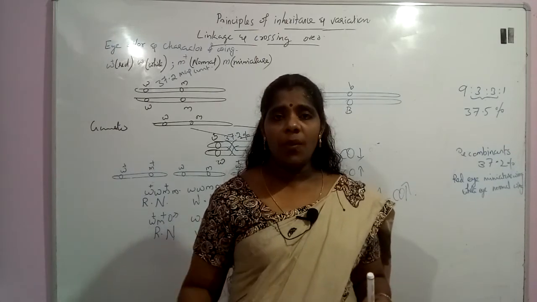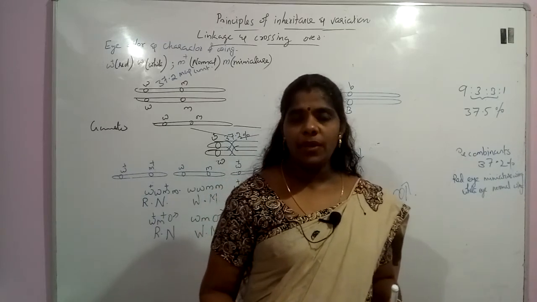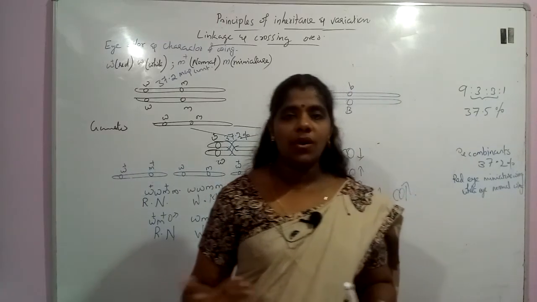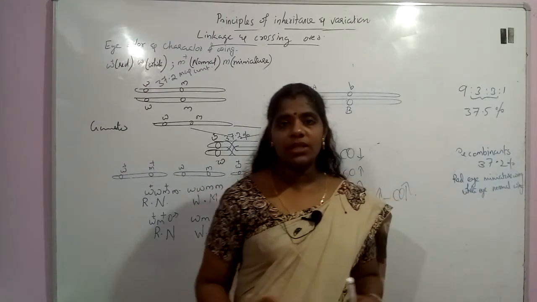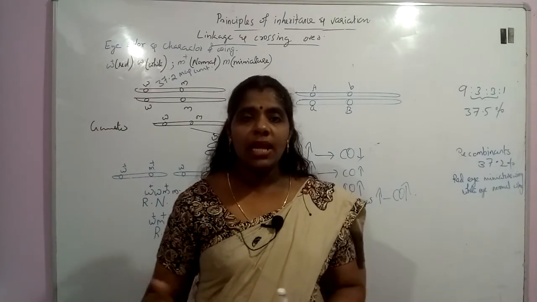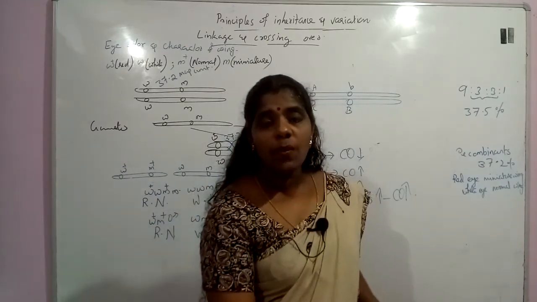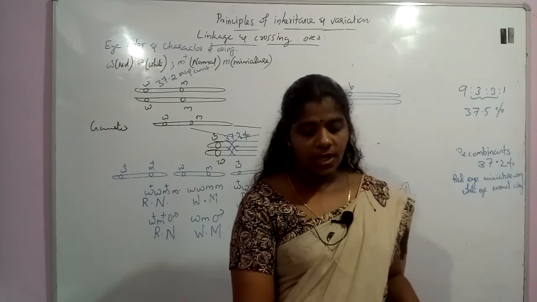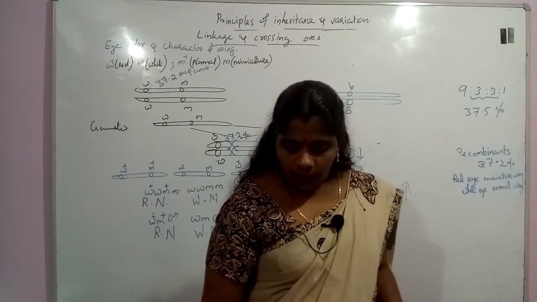Once the recombination frequency is given, we can find the gap between the two genes and arrange the genes in a particular order according to it. That is what chromosome mapping is. So we use recombination frequency for chromosome mapping.